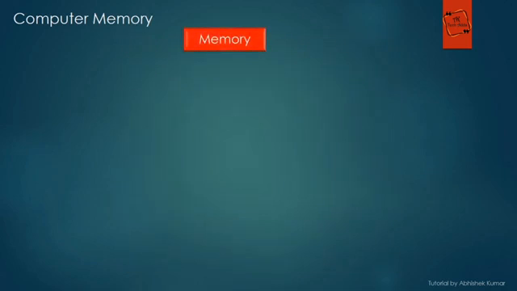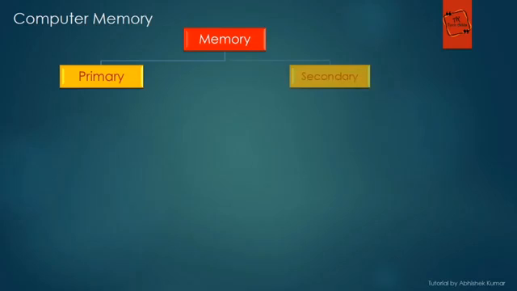Now we'll talk about kinds of memory. So a computer has two kinds of memory. Number one, primary memory, and number two, secondary memory. If we talk about primary memory, then it is also called internal memory, and it is also the main memory of the computer.